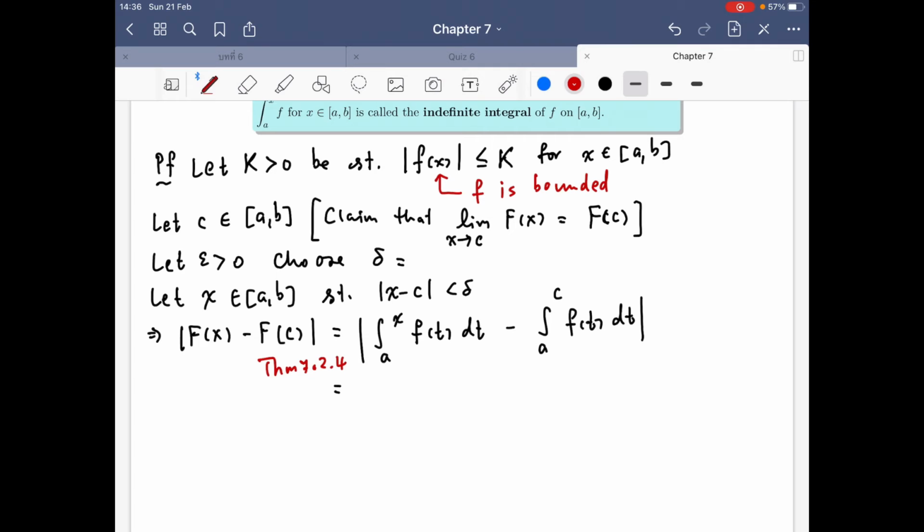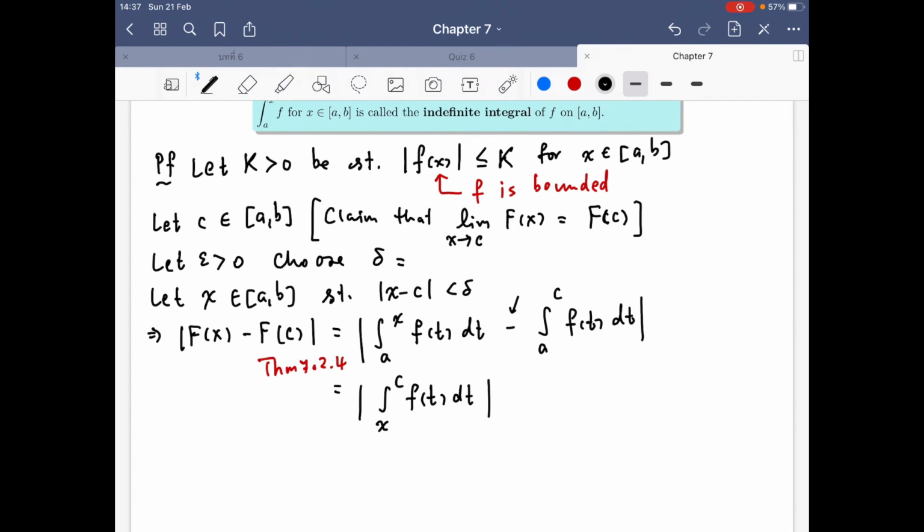We can separate the integration into two parts added together to get the larger interval. So you just move it the other way around to end up with the integration from x to c of the function f(t) dt.